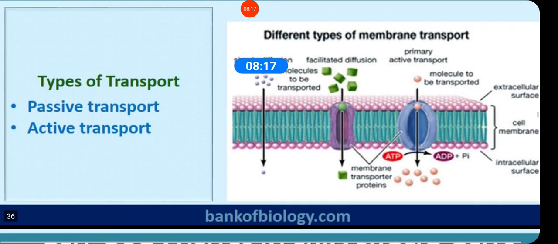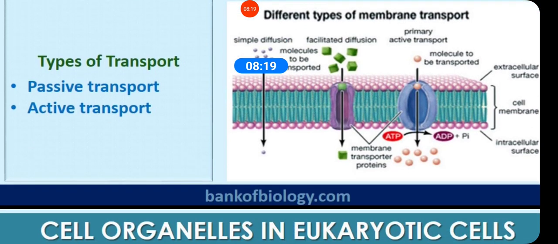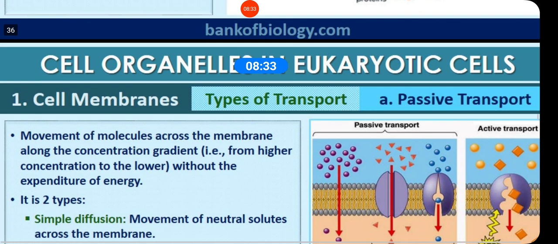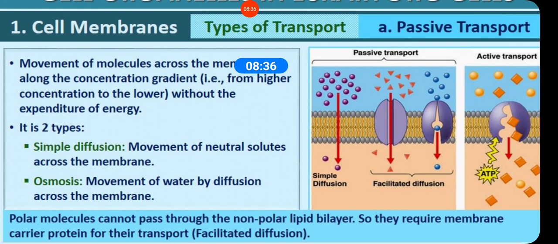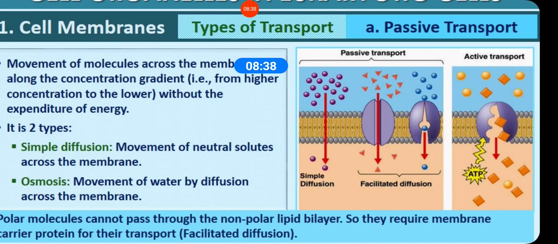Now I was discussing passive and active transport. In one there is simple diffusion, where things are moving in and out without the involvement of energy, but in the other there is involvement of energy. So this is passive transport, and here is active transport.